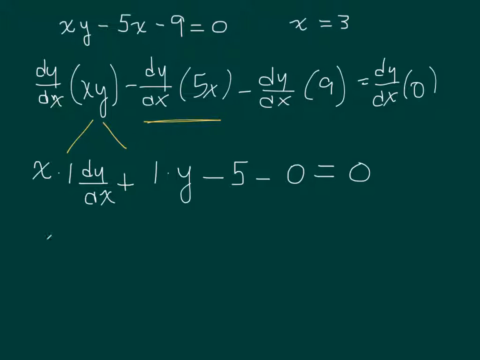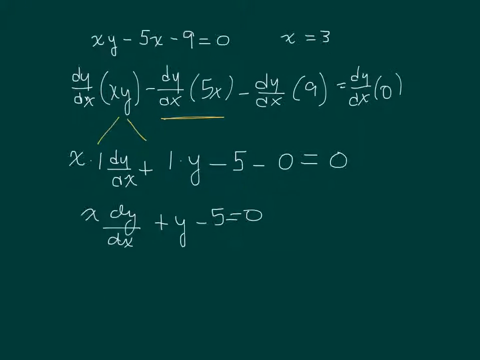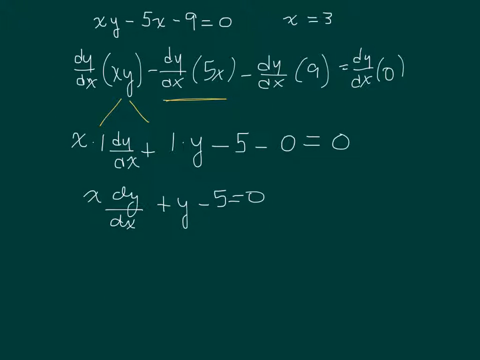So I have x dy/dx plus y minus 5 equals 0. And what I want to do is solve this for dy/dx. Let's move the 5 and the y at the same time.